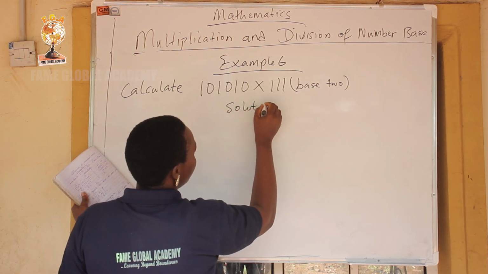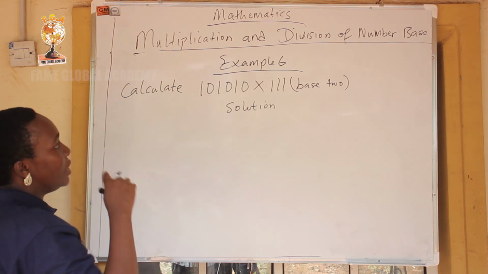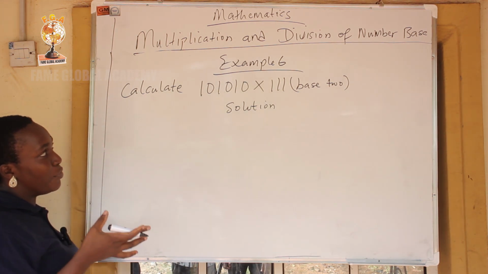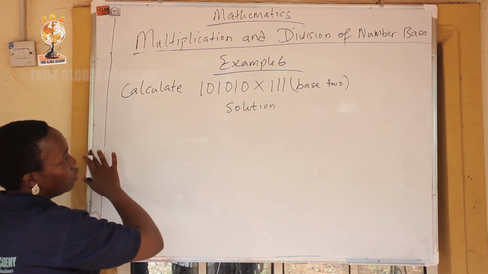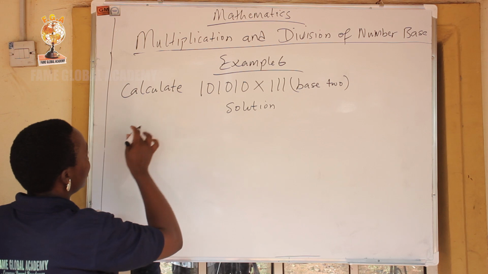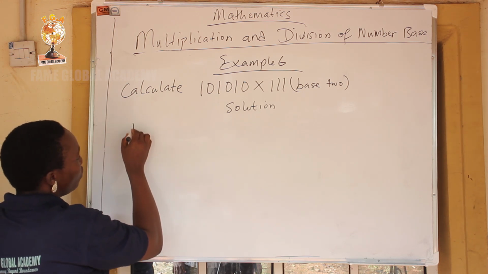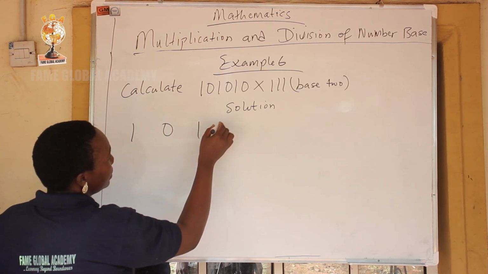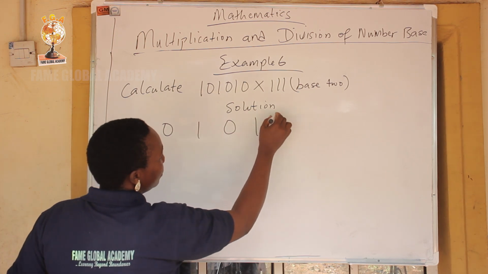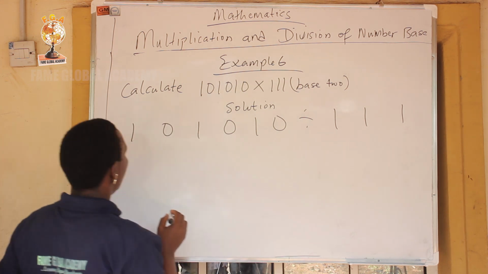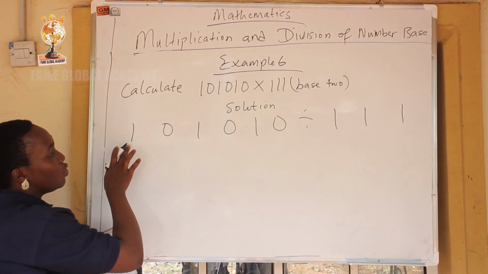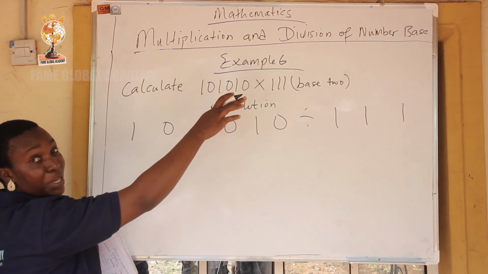Solution. Just like what we did in example 5, we expand each of these numbers with the base. So we are going to spread it out on the board so that it will be easy for us. So this is 101010 divided by 111. Let's take it one after the other. We are multiplying each of these digits with the base, which is 2.